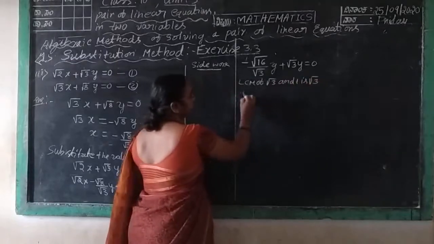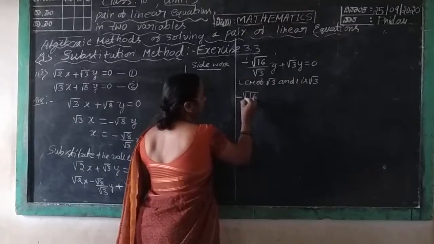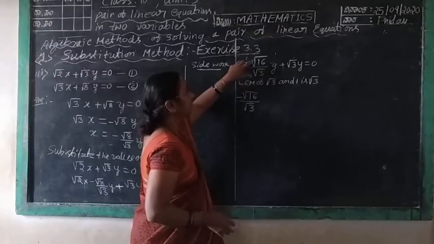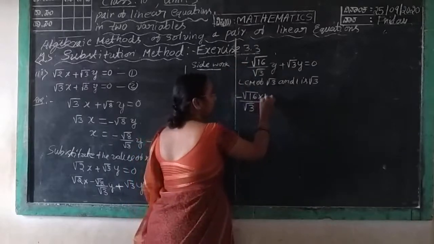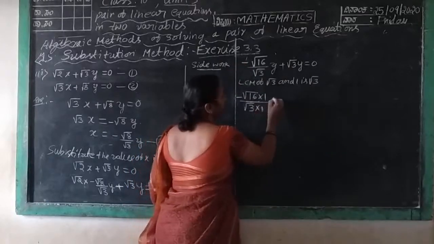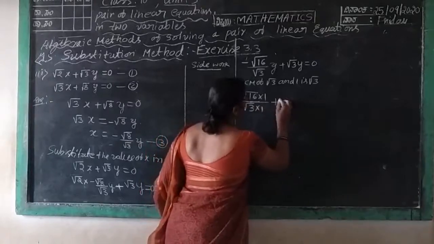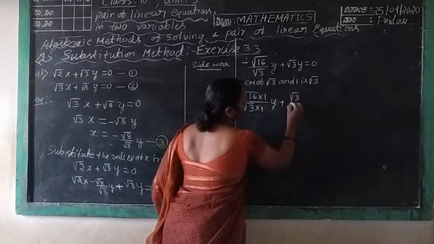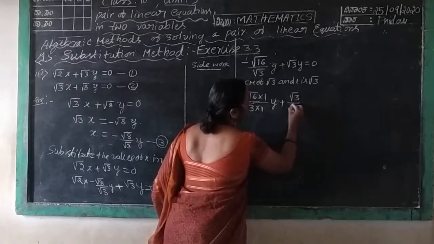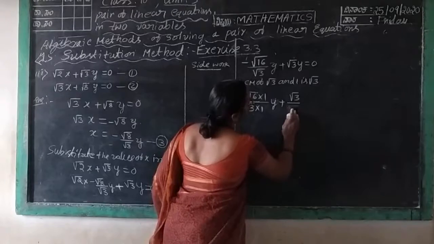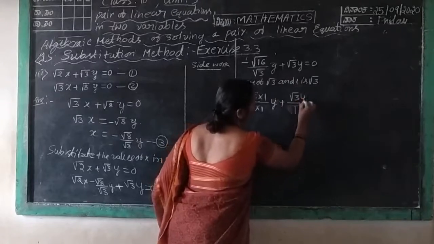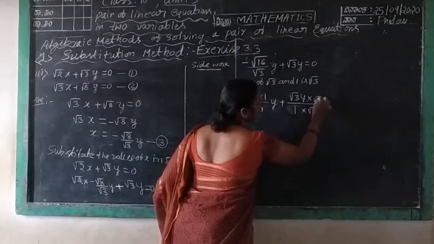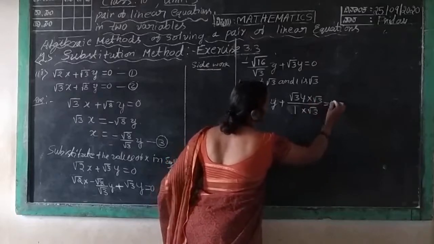Then put minus root 16 in this place, into y, plus root 3 divided by 1 into y. We multiply root 3 for the LCM, that is equal to 0.